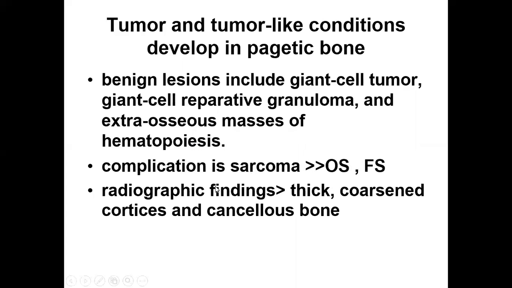On X-rays, you see thick, coarsened cortices and sclerotic bone. So giant cell tumor and osteosarcoma are the most common tumors developing in Paget disease of the bones.